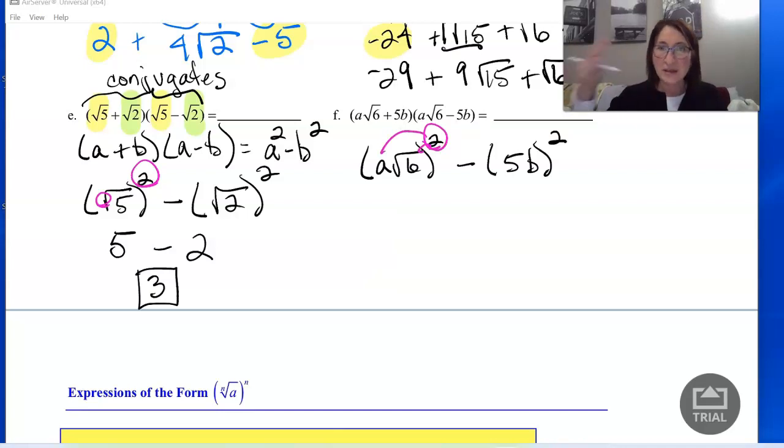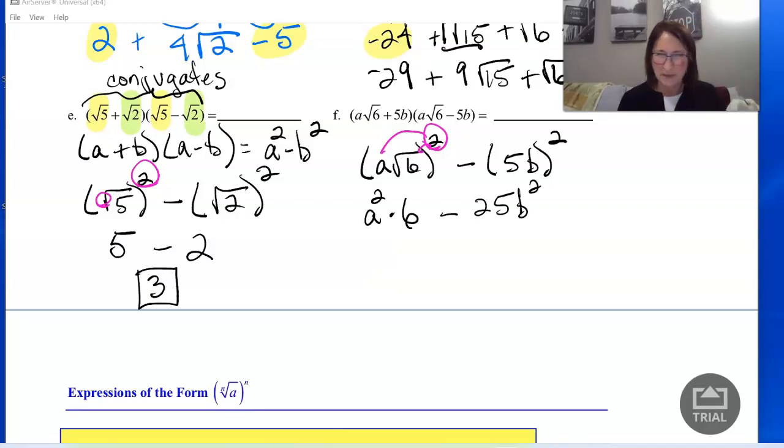So I need to raise both of those factors to the power of 2. So that is going to give me a squared, and then the square root of 6 squared is just 6. All right, minus 5 squared is 25. B raised to the power 2 is b squared.